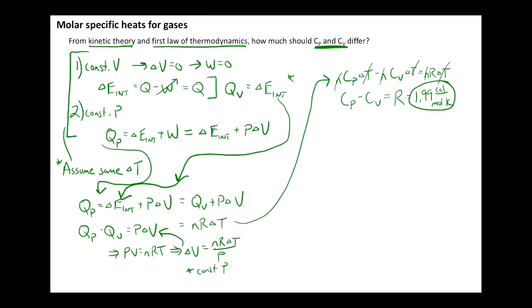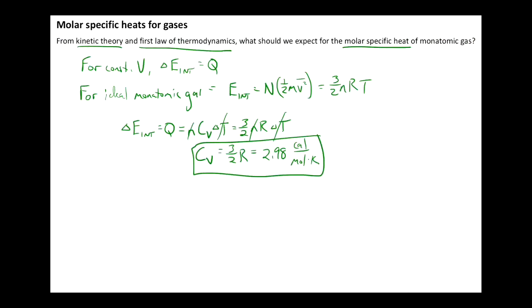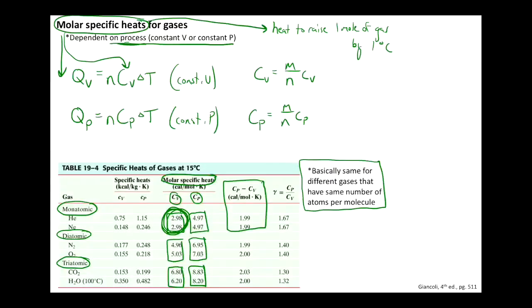All right? So, what are we going to do with this? Notice, on this table, let me go back here. We said that this one is 2.98, but as we go to diatomic, notice, well, it increases a bit. And as we go to even more complex with 3 atoms per molecule, it increases more. Why is it a different value as we have more complicated molecules?